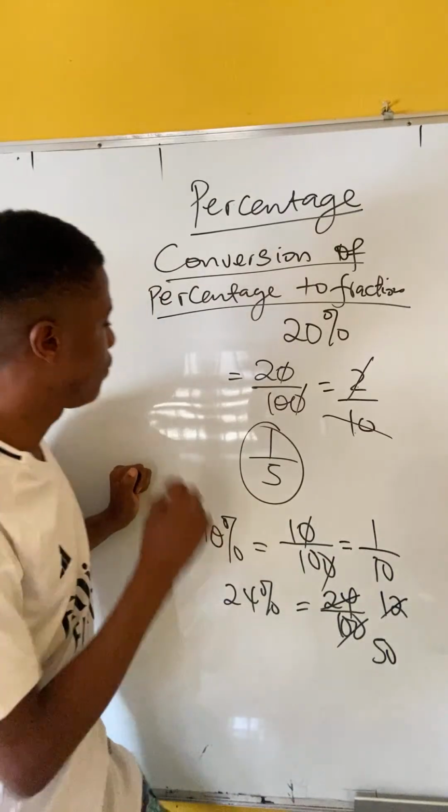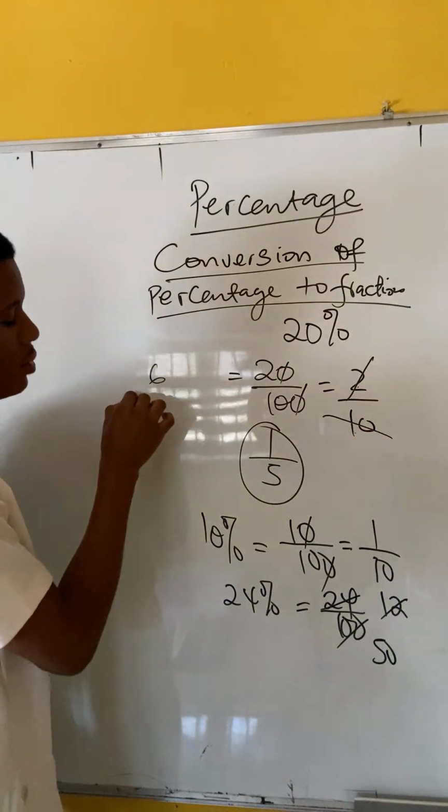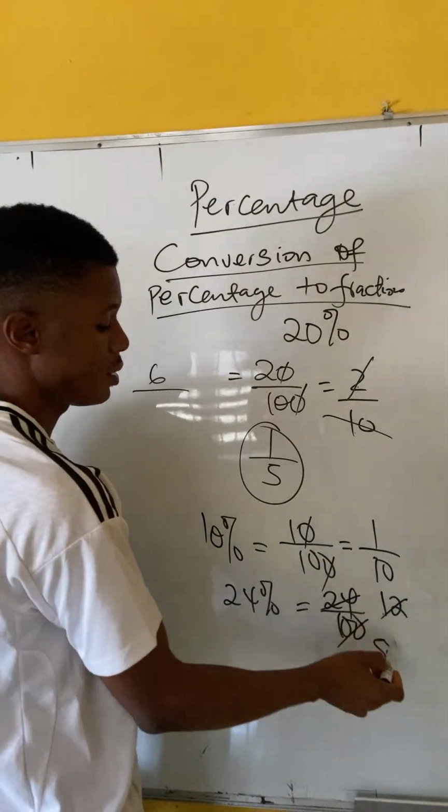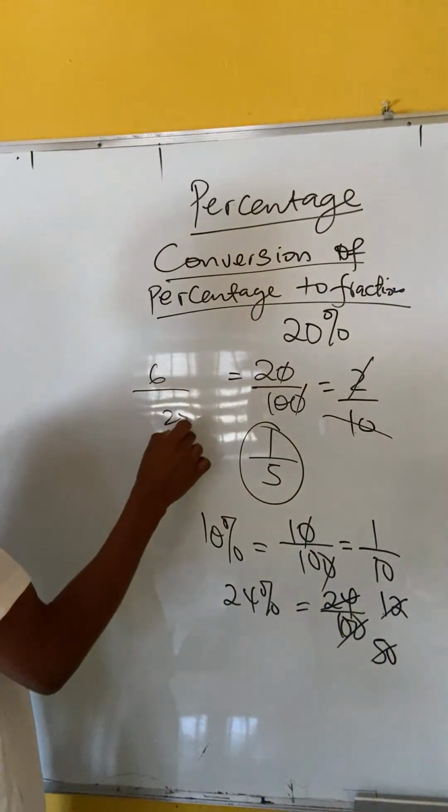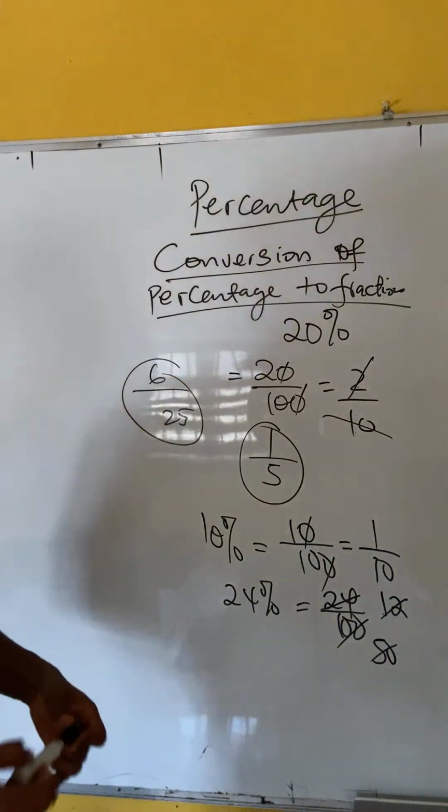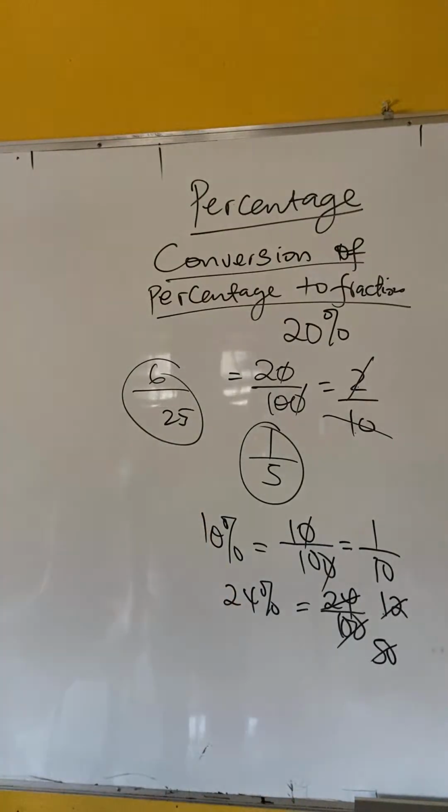Then 2 can divide 12 to get 6, and 2 can divide 50 to get 25. So the answer is 6 over 25.